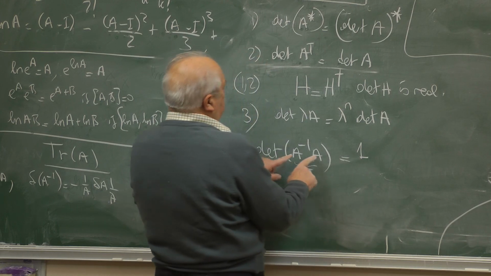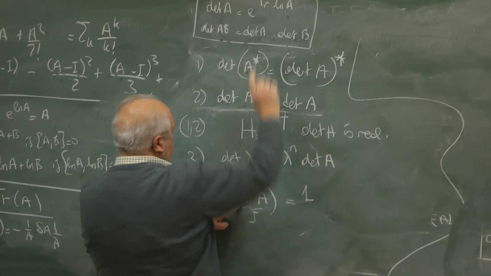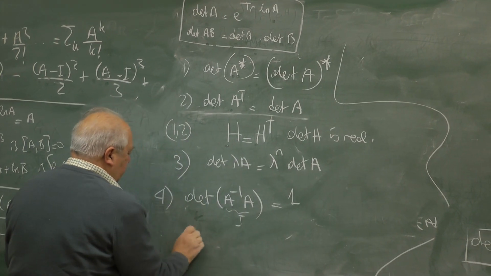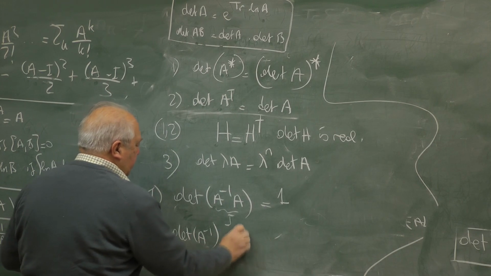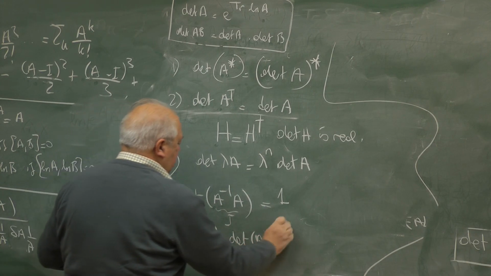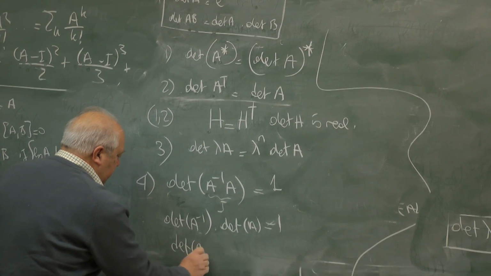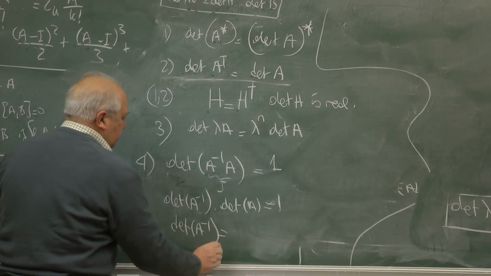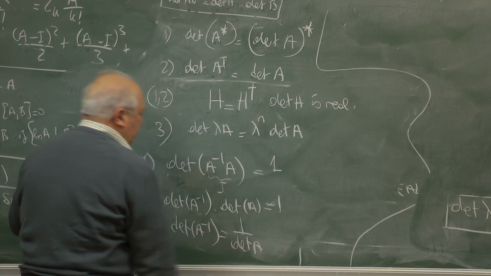But now we apply determinant AB equals determinant A times determinant B. So this is equal to determinant A inverse times determinant A, which is equal to 1, and this wonderful result: the determinant of the inverse matrix is 1 over the determinant of the matrix.